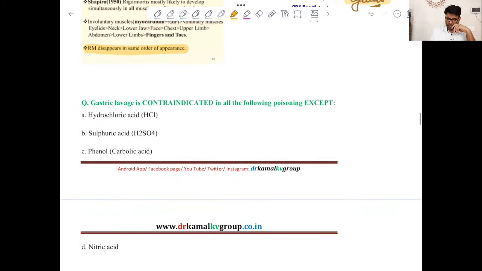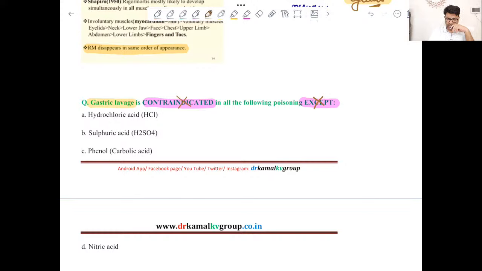Now there was one question: gastric lavage is contraindicated in all of the following except, right? So the contraindicated and the except will nullify each other, and now you have to tell me in which condition we can do gastric lavage.